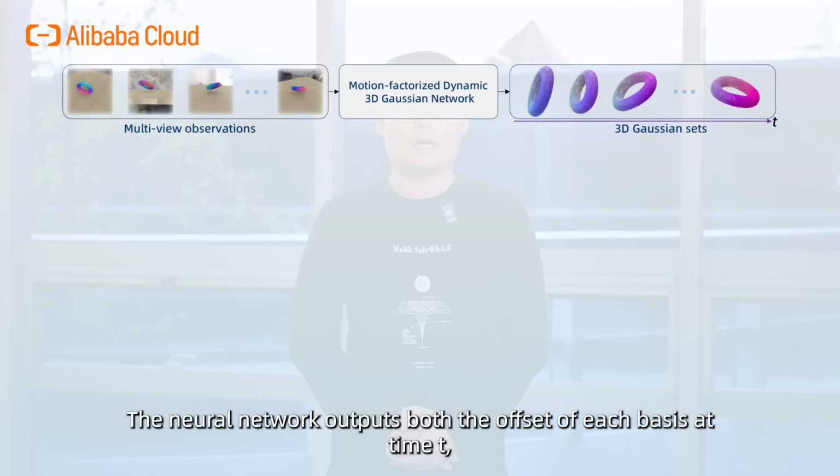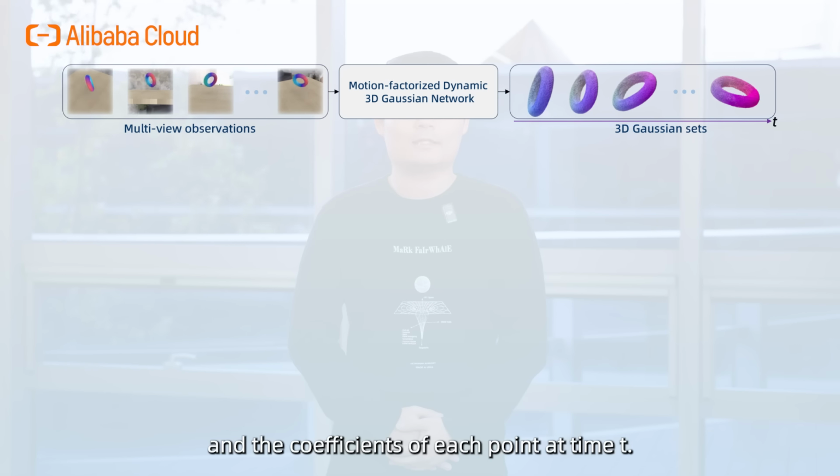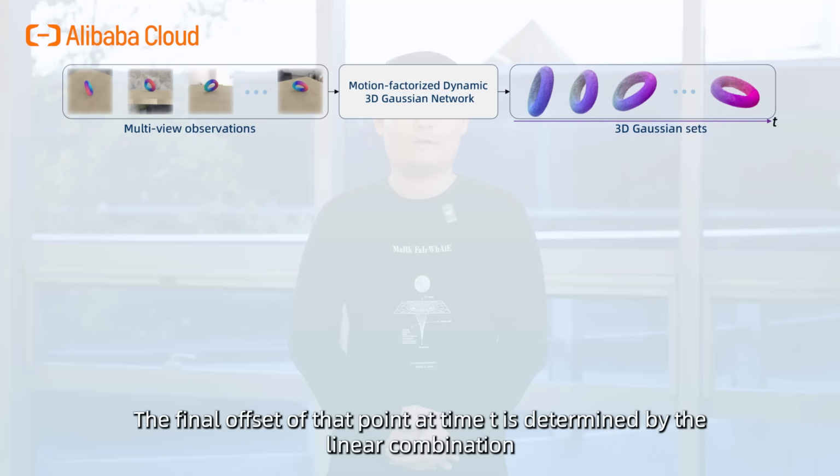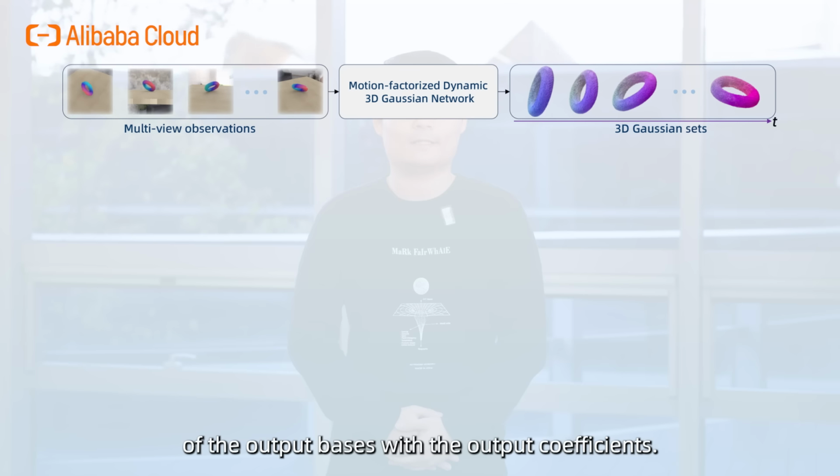The neural network outputs both the offset of each basis at time t and the coefficients of each point at time t. The final offset of that point at time t is determined by the linear combination of the output basis with the output coefficients.